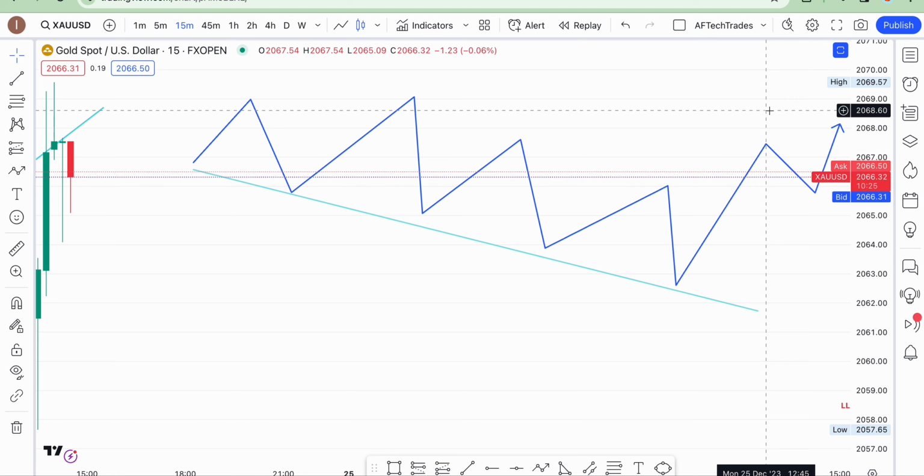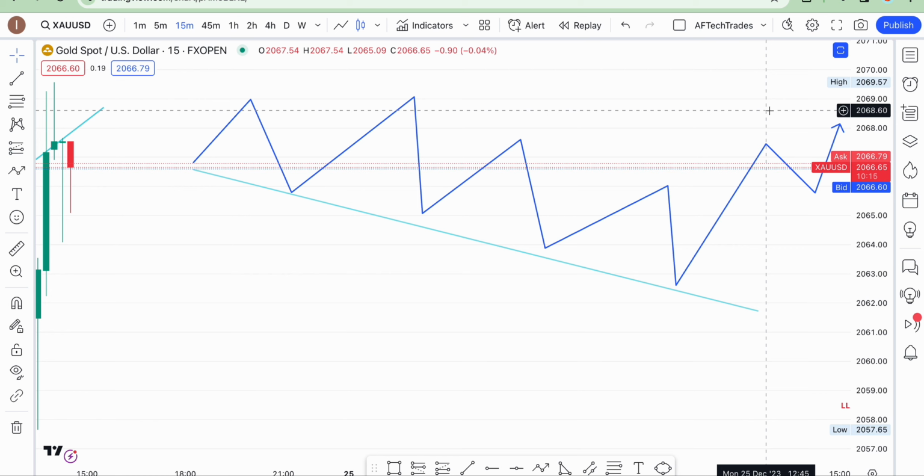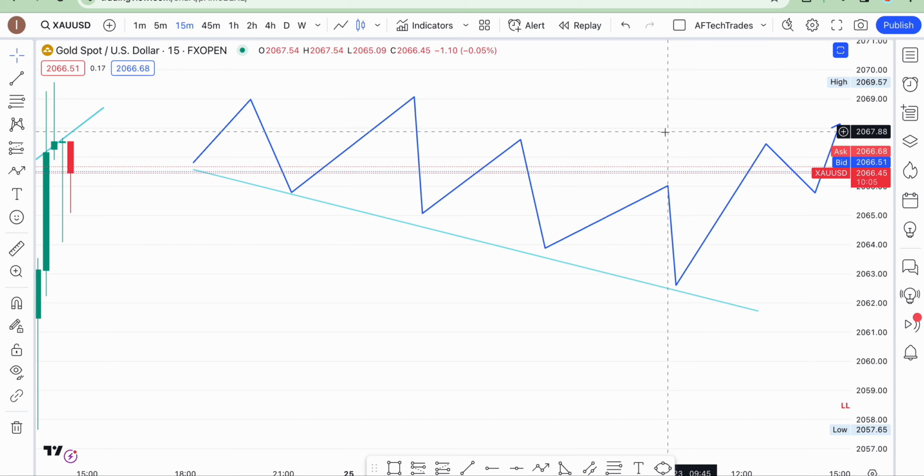And mostly the big banks and the big boys use this period to enter the market. Here we'll say that the sellers are now getting out of the market. Now the buyers are in the market, right? So that is where the change of character comes in, or the choke.